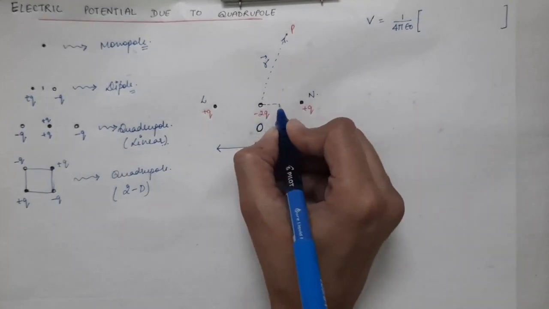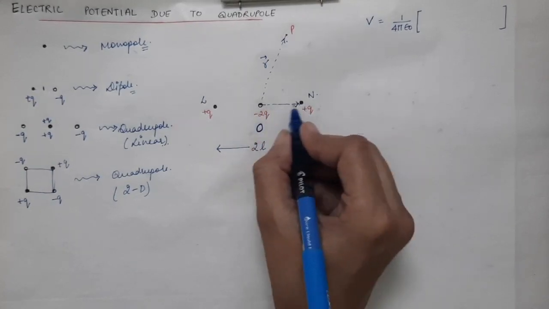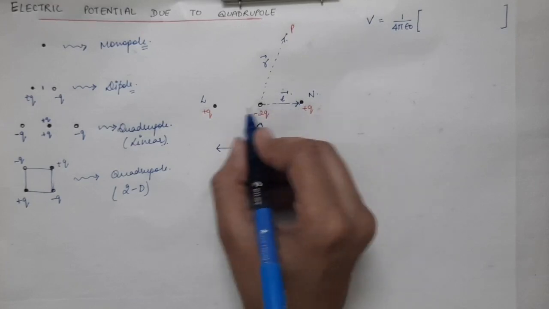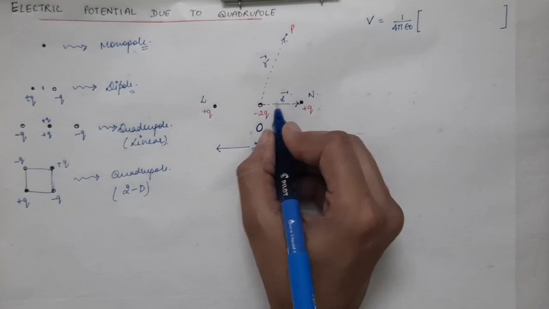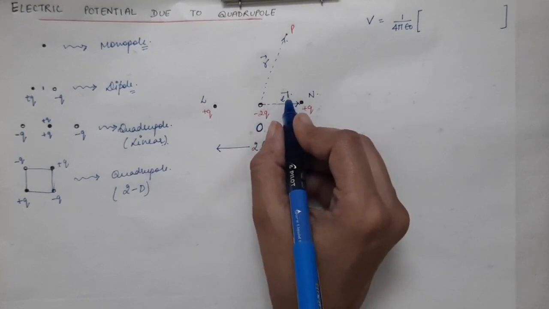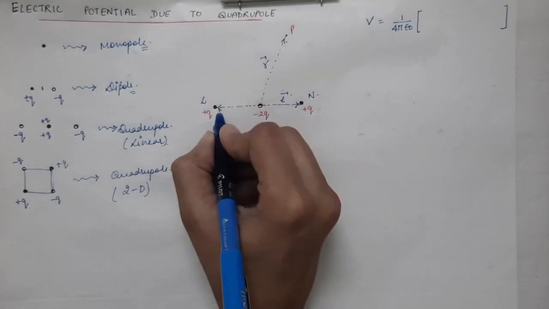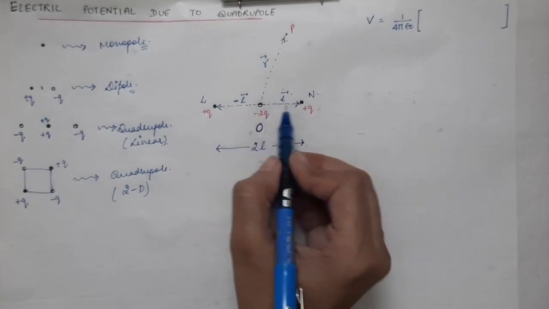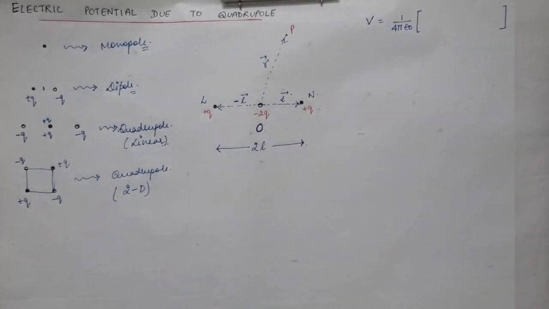And this ON vector will be the position vector of this plus q charge, and that will be equal to L vector because this is the half length. The total length is equal to 2L, so this half length will be equal to L, and this vector is represented by L vector. In a similar manner, this OL vector will be minus of L vector because it is in the opposite direction to that of ON. So this is how we will denote all the position vectors.